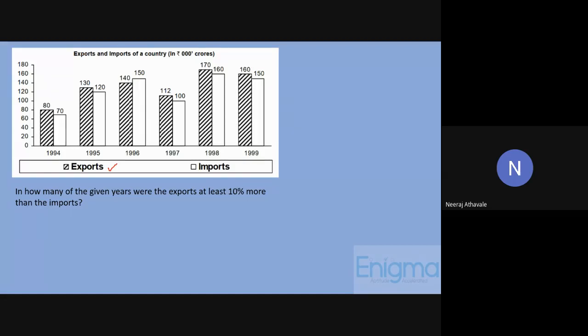Okay, so this part is imports and this part is export. Okay, so now basic concept, as I said, most of the questions are based on percentage and average topic itself. So try to solve this one.